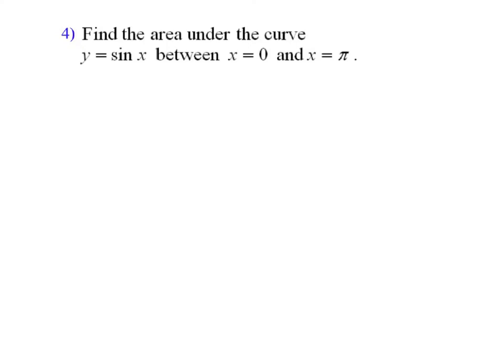Alright, another question is applying what you learnt in the topic on integration to trig functions, such as finding the area under a curve. So if we're finding the area under the curve sine x, that means we're finding the area under this curve, and remember the period of sine x is 2 pi, so that's going to be pi there.